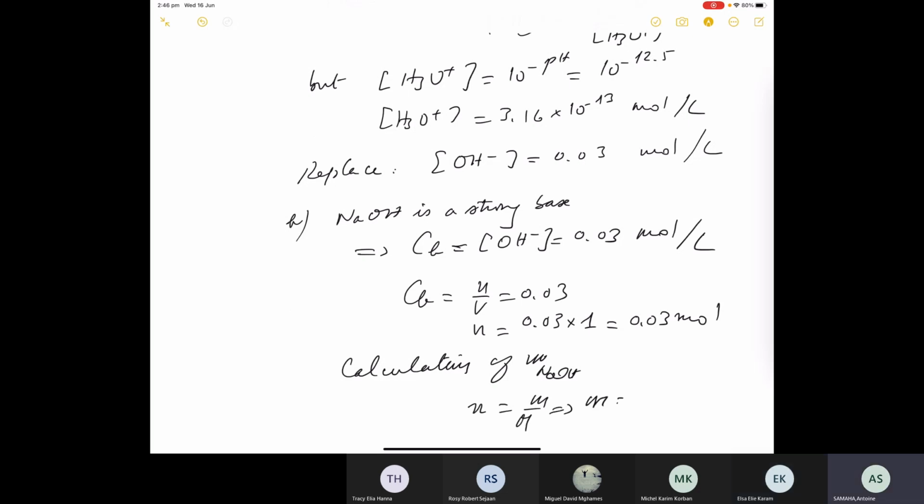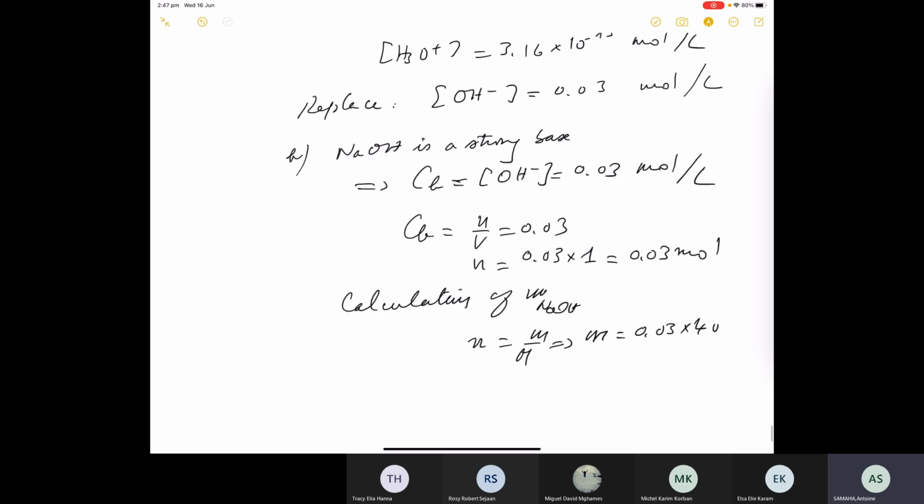Small m equal to 0.03 times 40 gives 1.2. Yes, 1.2, you're right. Here, 1 liter. What does the question say? What mass of solid NaOH must be used to prepare 1 liter of the above solution.